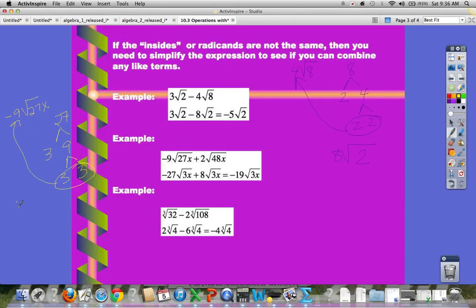So that would become negative 27 times the square root of 3. Now, this x is just one of them, so it can't come out as a pair. It's just one, so we just leave it inside. So this simplifies to negative 27 times square root of 3x.